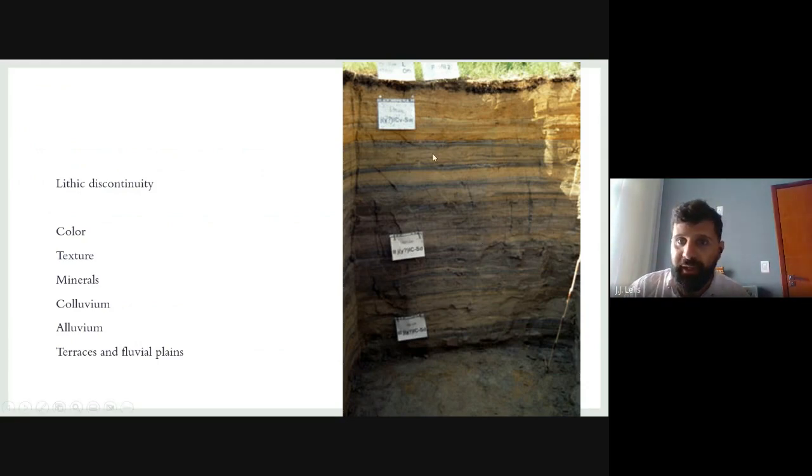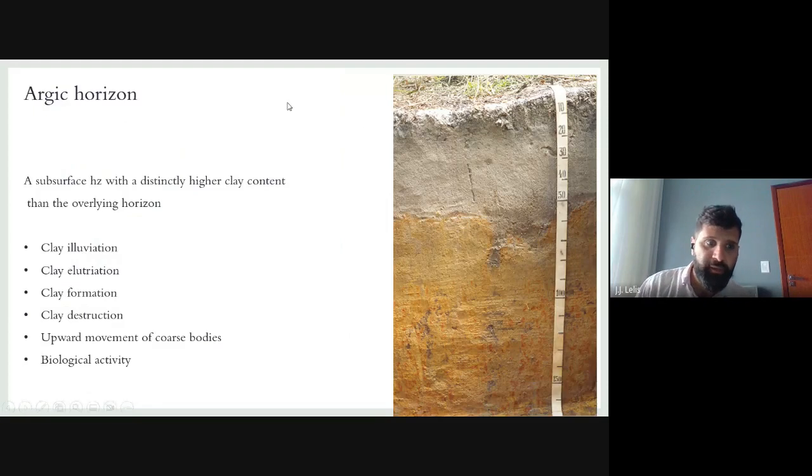So we can easily see several layers with different colors, but also different textures. And this clay layer is below a sandy layer. But this difference of texture shouldn't be used to identify an argic horizon, because in this case this difference of clay content is not related to any of these processes.